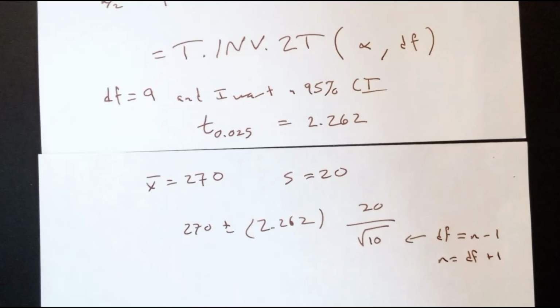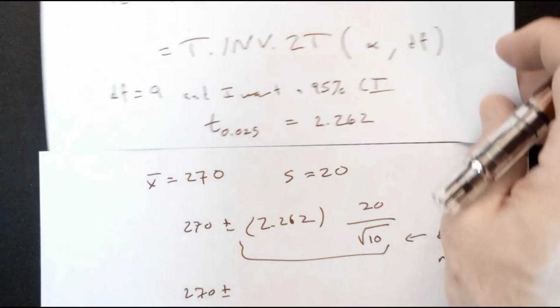So knowing that gives me n. And now I can multiply all this out, and I get 270 plus or minus, what is that number? Let's go with 3 decimal places there.